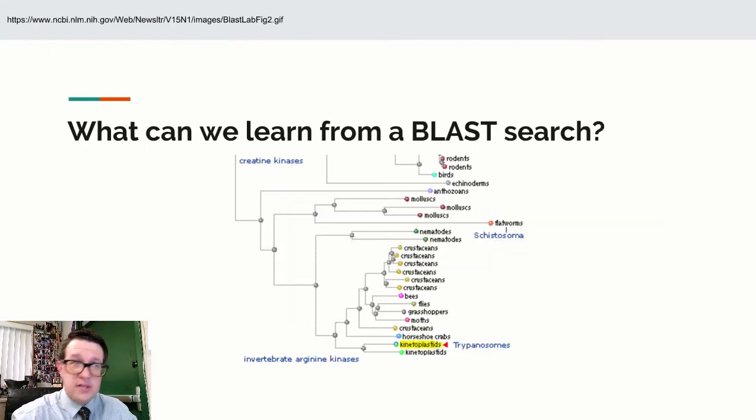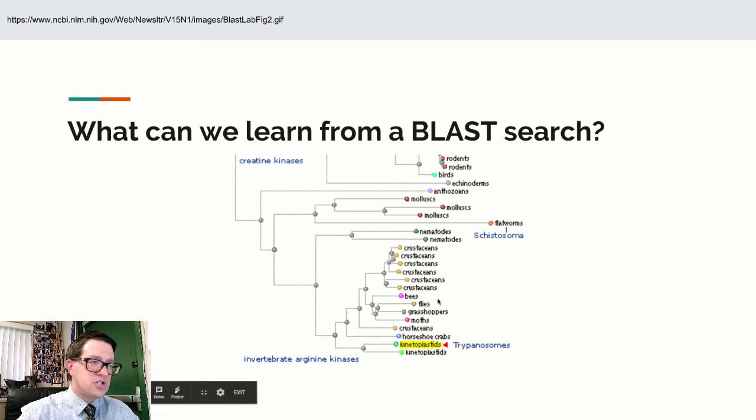Among those clever things is it can build a picture that looks like this. It's referred to as a cladogram or phylogenetic tree. The way you interpret this is, if I were to find a point like this one right here that I'm circling around, all of these organisms down here turn out to have stuff in common. So whatever the trait is that we were looking at, whatever the kinase was, all of these are similar.